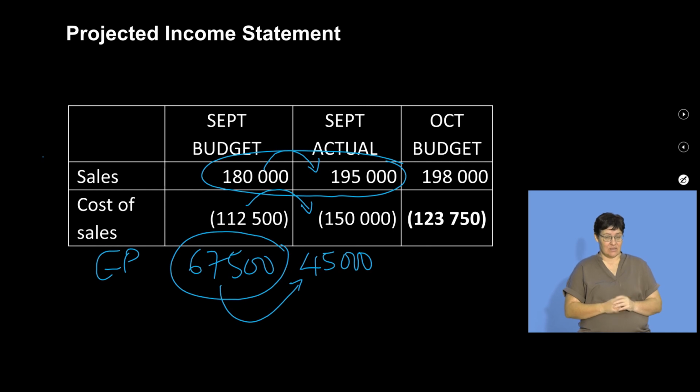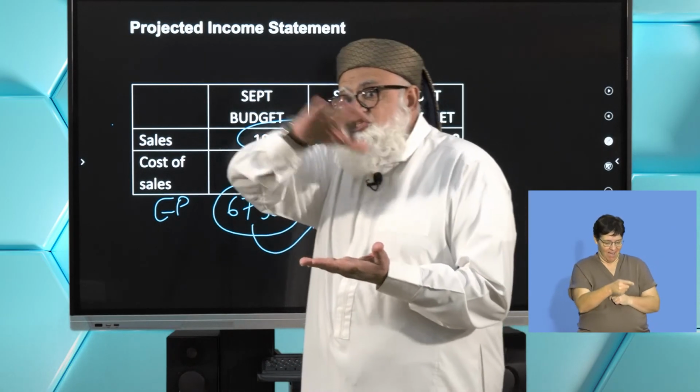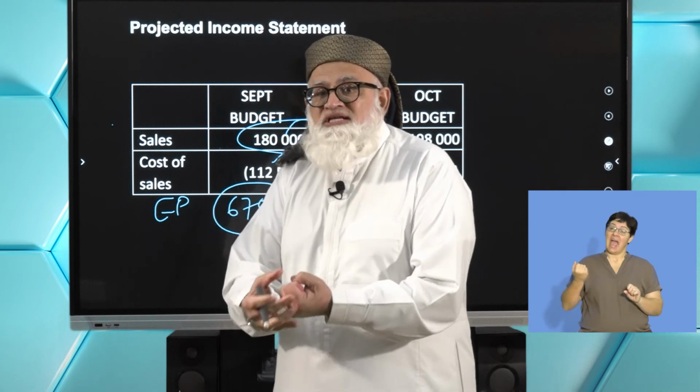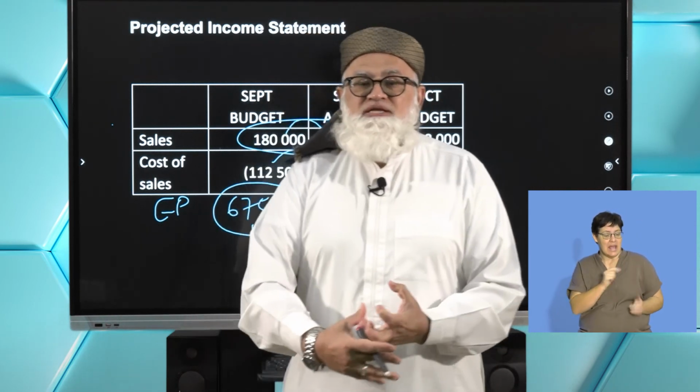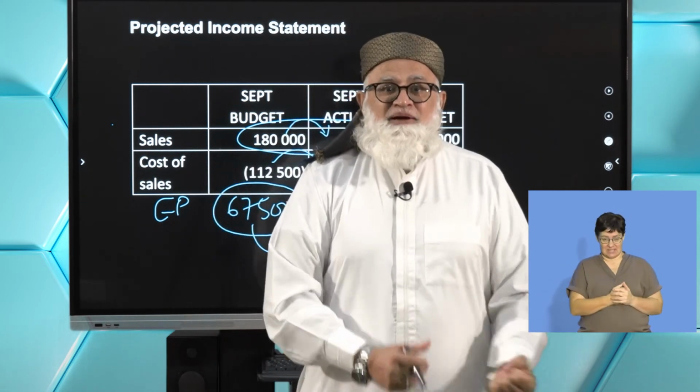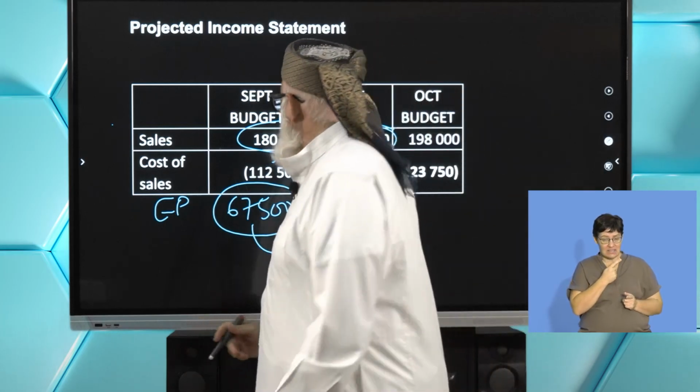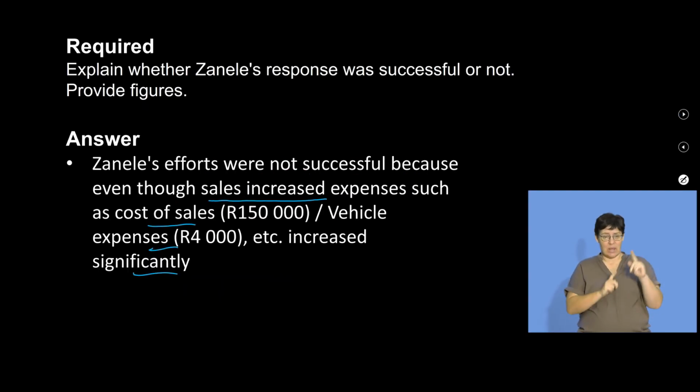However, that change did not give us the desired effect. Why? The idea to increase your sales is to increase your profits. But as a result of all of this here, notice what happens.